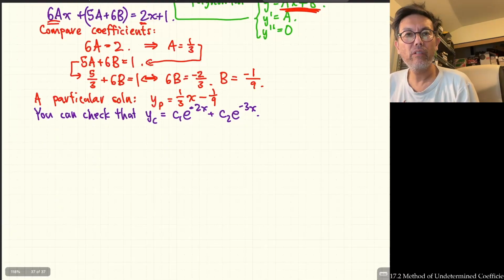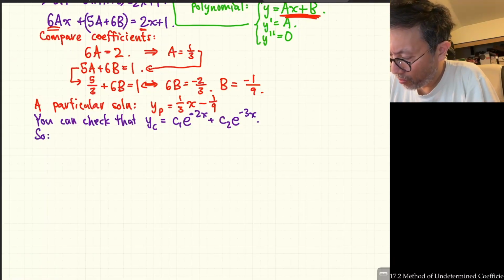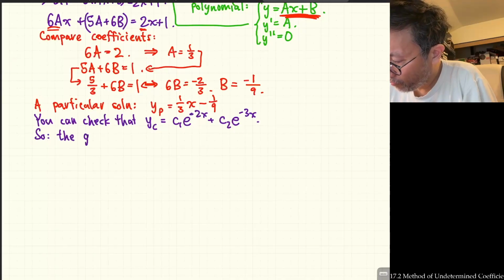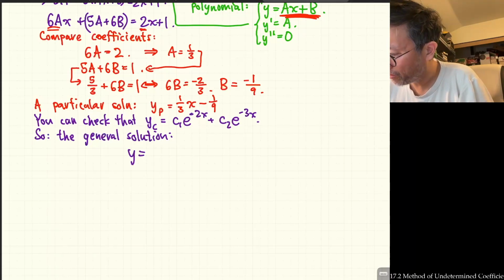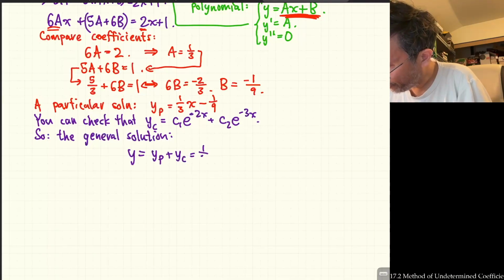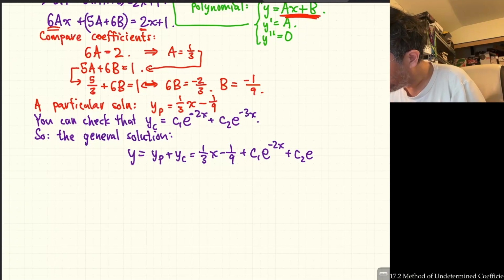Do you believe? In which case, I'm saying that the general solution to our non-homogeneous equation is y equals y sub p plus y sub c, which is 1/3 x minus 1/9, that's y sub p, plus c1 e to the negative 2x plus c2 e to the negative 3x.